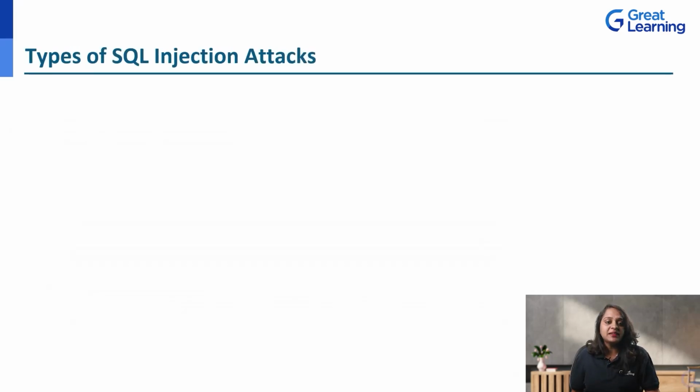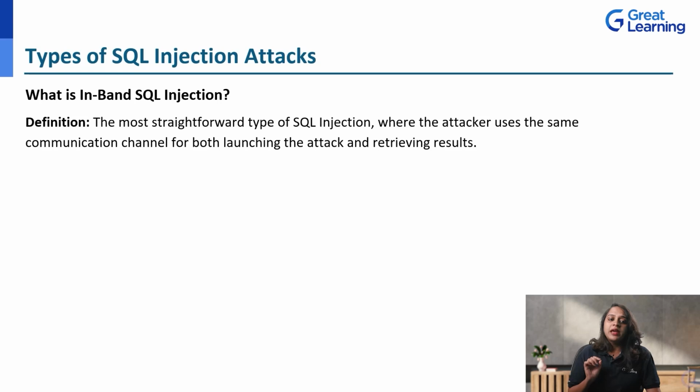Next, we will see the types of SQL injection attacks. As I said, there are different types, right? So we'll see them one by one. The very first one is in-band SQL injection. What is that actually? In-band SQL injection is a very straightforward type of SQL injection where the attackers use the same communication channel for launching the attack and retrieving the results or the data from the database.